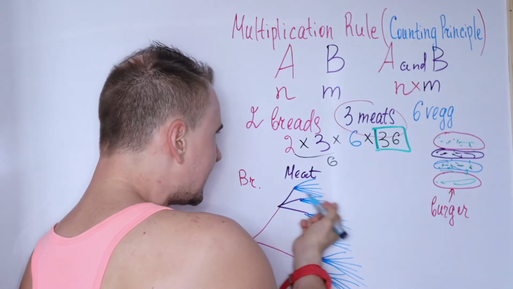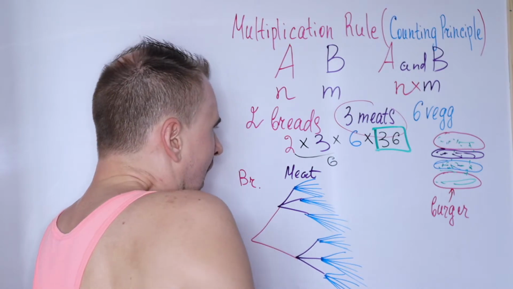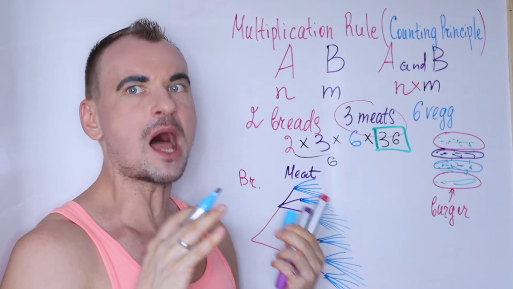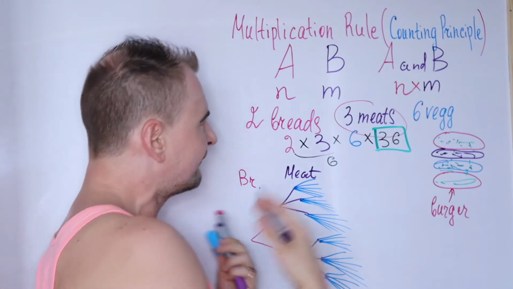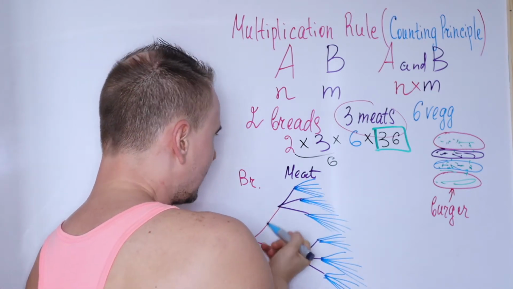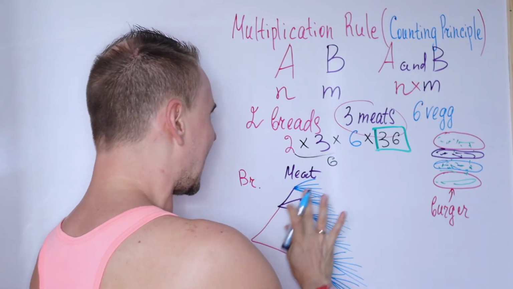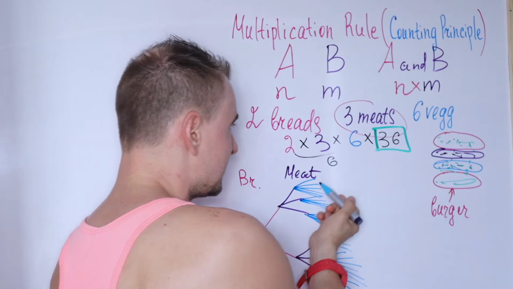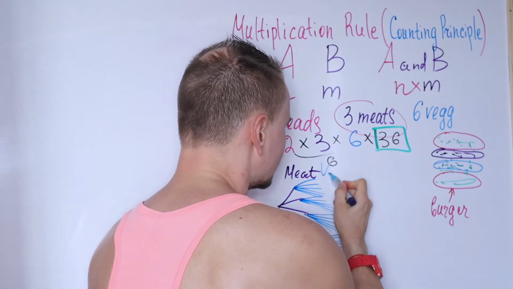Basically you can just write out explicitly the possible outcomes for this event. If you are given the types of bread and also the types of meat, then this one is going to be your veggies.